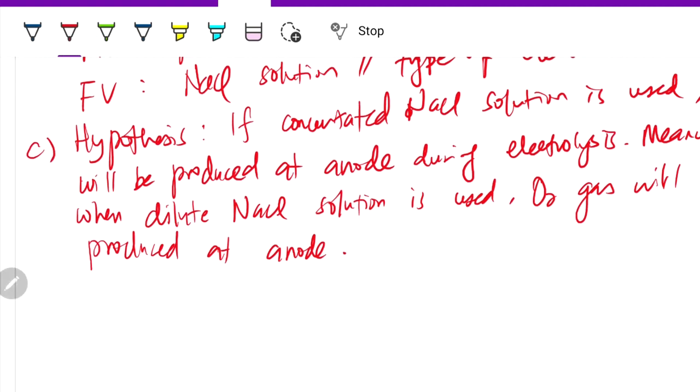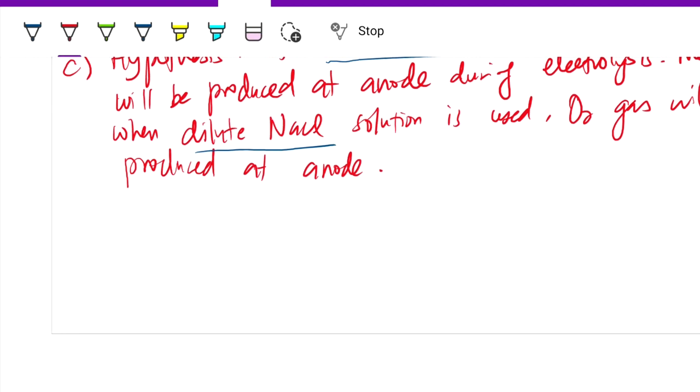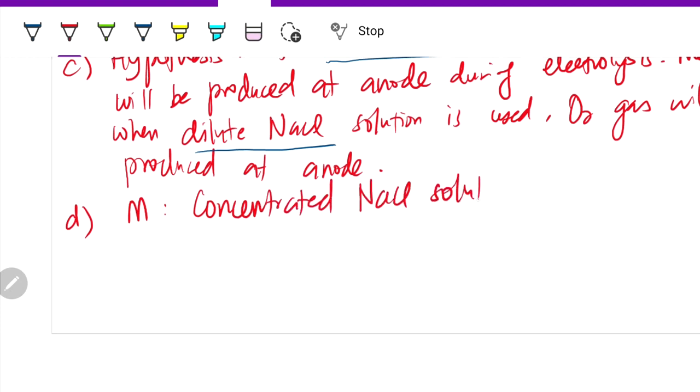Remember you must mention 2 conditions. Here we need to use the concentrated sodium chloride, another one would be dilute sodium chloride. Normally you need to write both conditions. Next would be the material and the apparatus. So material first. The materials we use: first one will be concentrated sodium chloride solution.